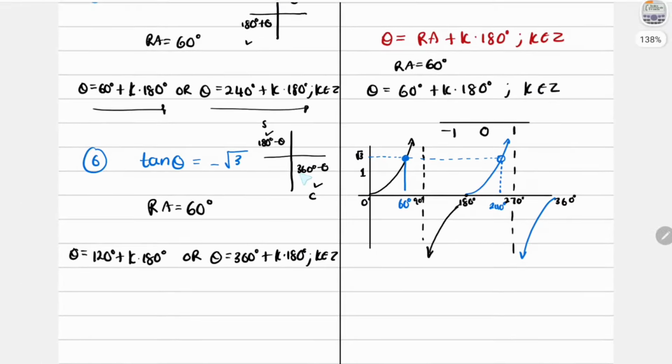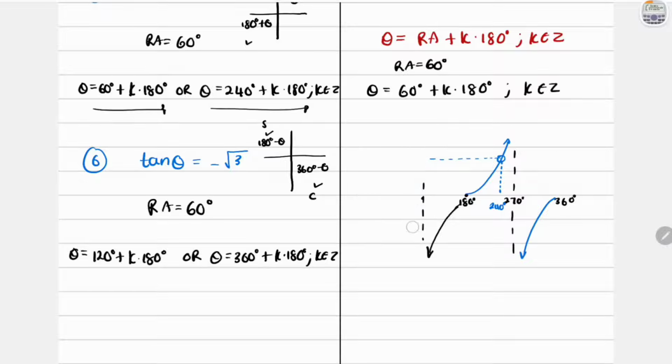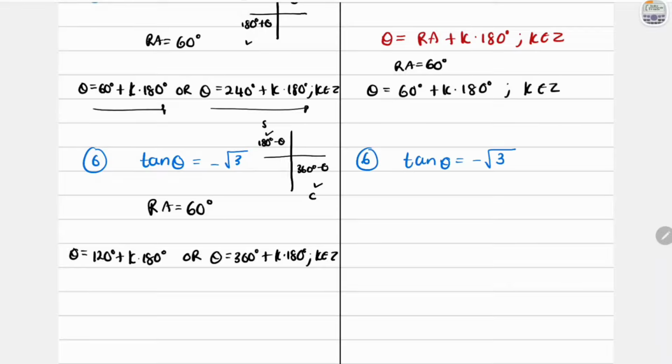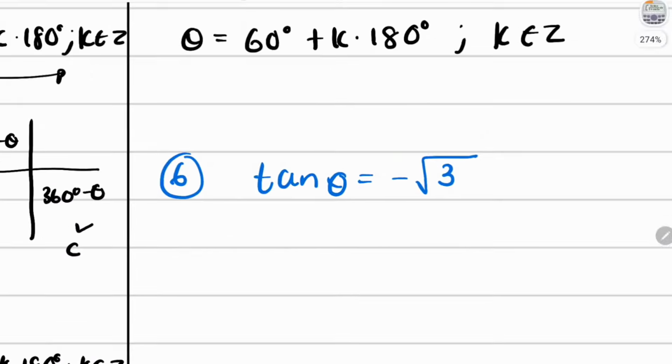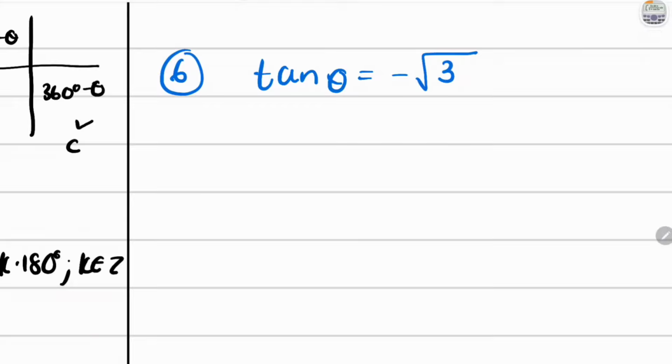So you don't really have to do all of this. We can also just go ahead and try out the negative function, when tan is equal to negative root 3, and work that out just because we're going to have a negative angle. Okay, so let's try using this method on this. So again, we don't have to really bother about finding which quadrants tan will be negative.